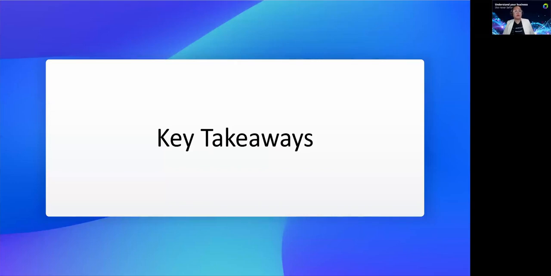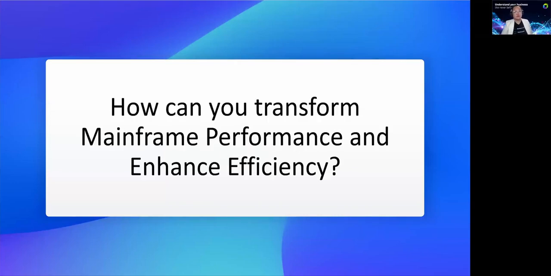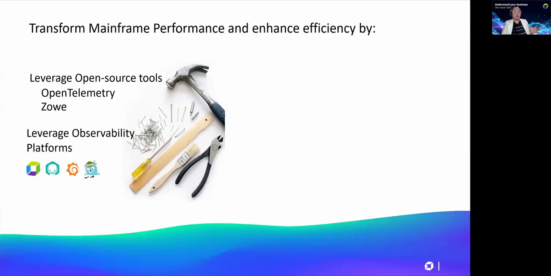And so now, what are my key takeaways? With all of this data that you get using OpenTelemetry, it's actually just a starting point. It's the tip of the iceberg. And how can you transform mainframe performance and enhance efficiency? Well, by leveraging modern tools, you can leverage anything you want.